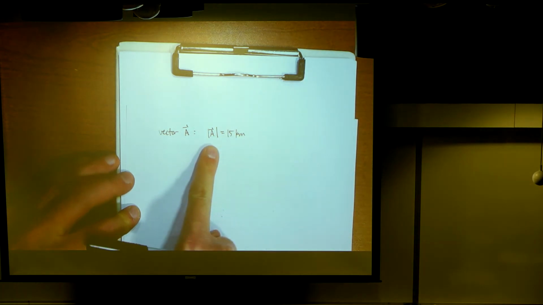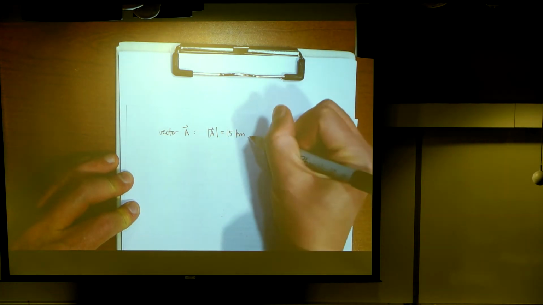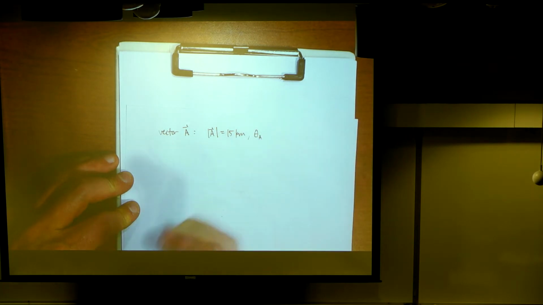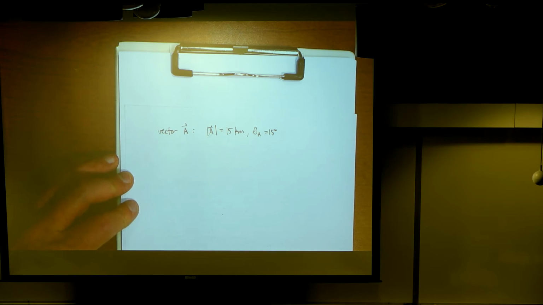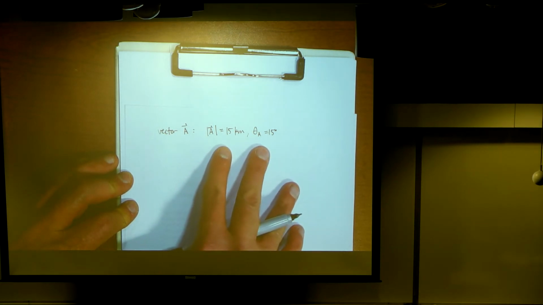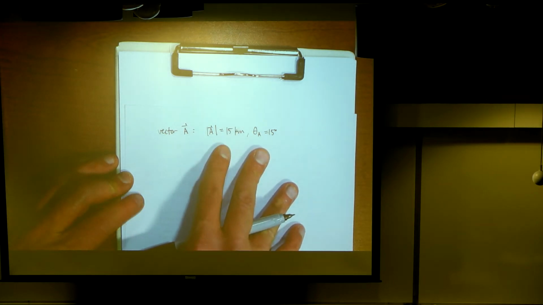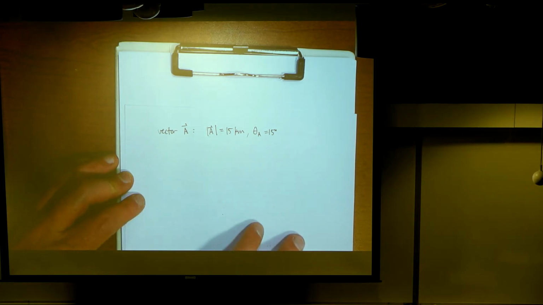So we write the magnitude this way. Its direction, which I'll call theta A, is 15 degrees. So I don't have this vector in xy form, right? I have it as a magnitude and a direction.